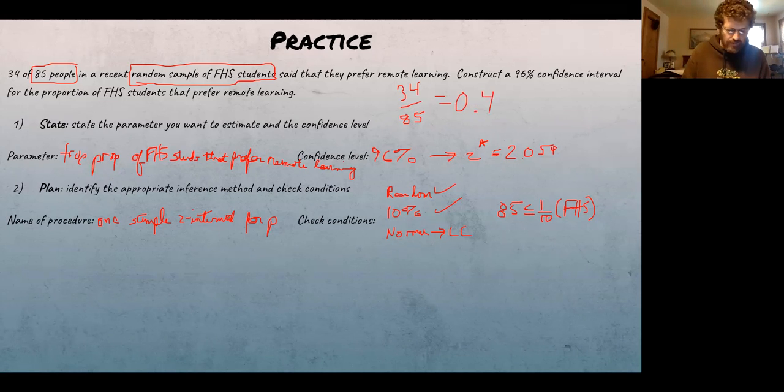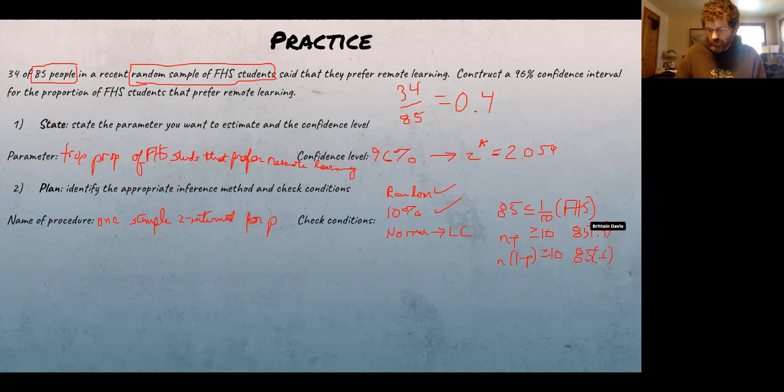It just happened to work out this way. So n times p and n times 1 minus p have to both be greater than or equal to 10. And that's going to be 85 times 0.4, and then 85 times 0.6.